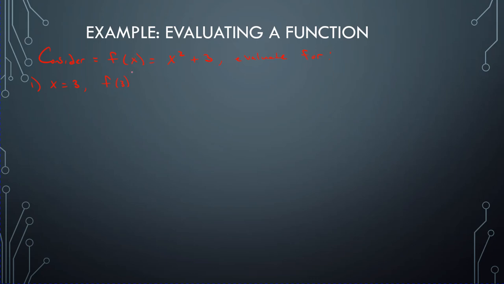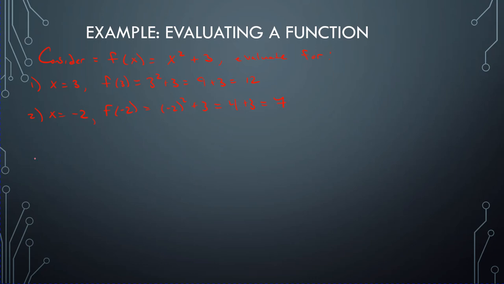Wherever I see the x, I'm going to replace it with 3. So this is 3 squared plus 3, which is 9 plus 3, which is equal to 12. Let's try x is equal to negative 2. I'm just going to plug it in. So this is negative 2 squared plus 3, which gets me 4 plus 3, which is 7.